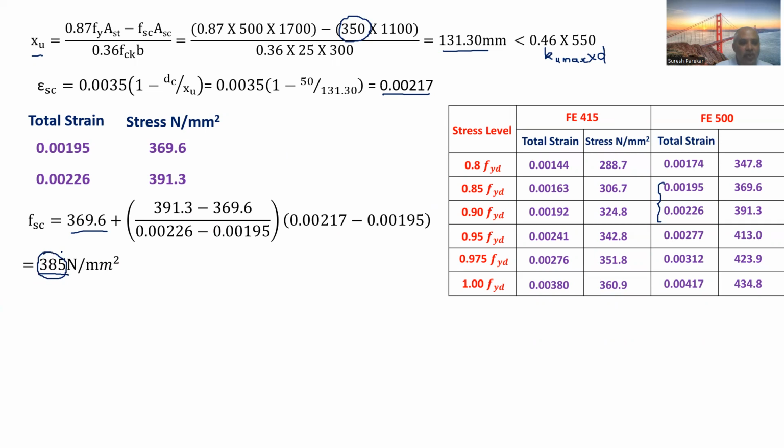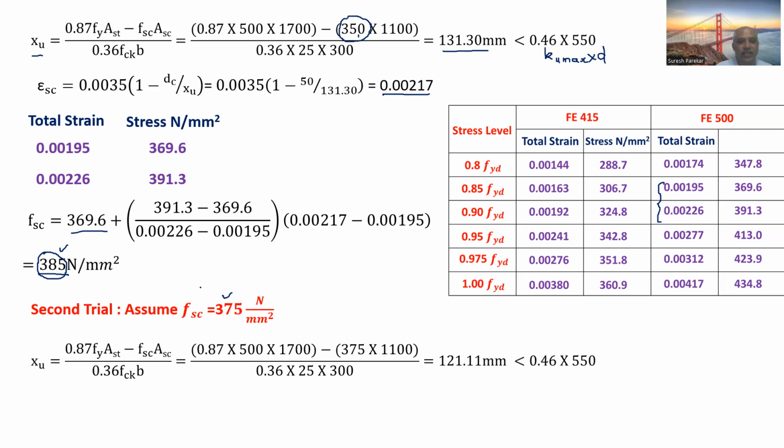Now we have to assume a value close to this value, not this value. So for 385, I can assume 375 Newton per mm square. This is close to it and the other is away from it. If anyone wants, 380 can be considered, or you can consider 370 also, that is your choice, but closer is always better.